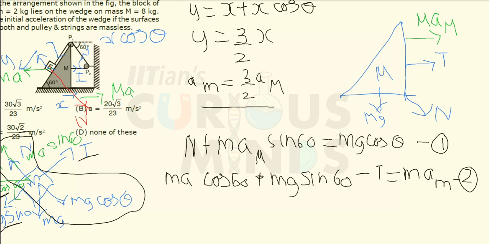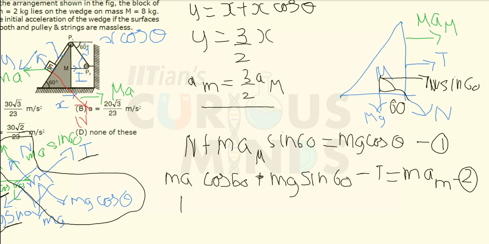So when I write down the equation, it is very simple over here. If you see this N, it makes an angle theta with the vertical, that is, it makes an angle 60 degrees. So in the horizontal direction, it will be equal to N sin 60.